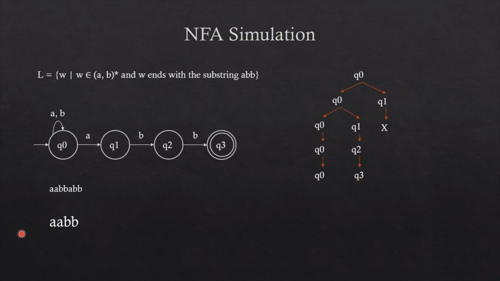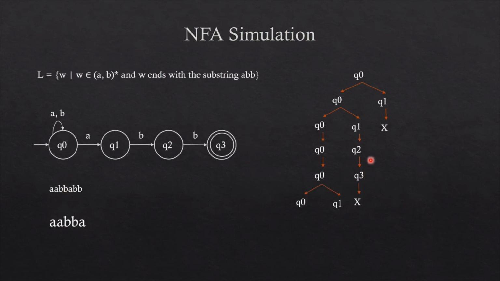But you see, being at Q3 means that we've seen the substring ABB, but our concern is whether it's the end of the string or not. And this is where you'll see how it happens. This isn't the end of the string, right? The entire string is AABB, and then we have ABB. So if this was the end of the string, it ends at Q3 and it accepts.